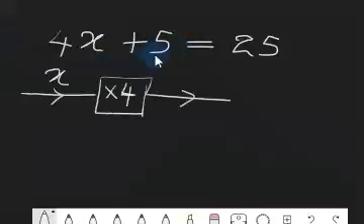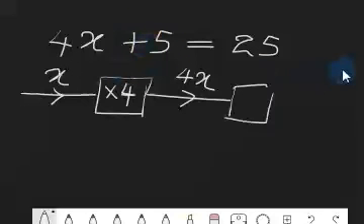Then next, there's a 5. 5 has been added to 4x. So you should include it here. You should add 5. Okay. Now what's the answer? 4x plus 5.